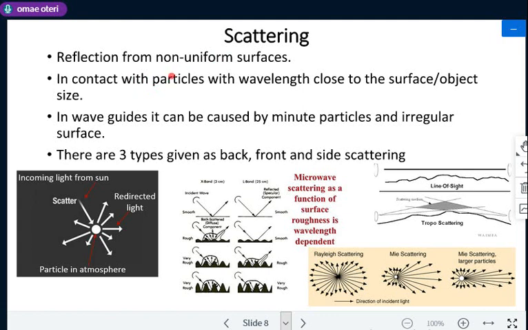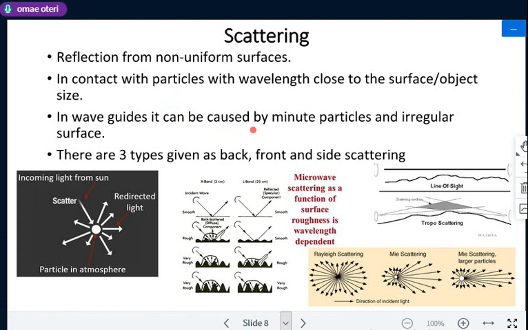The only difference is that the signal in most cases will be reflected in very many directions, in which case you are looking at surfaces which are rough. Their texture allows the signals to be reflected in many directions.